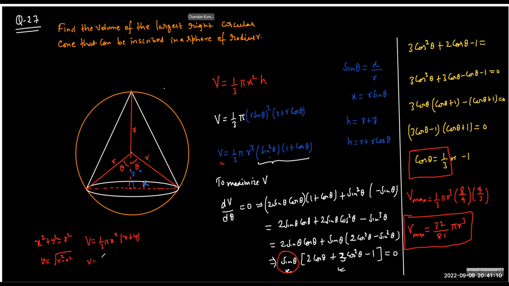Because we know the y, it's a single variable function of x, and if you want to maximize it, you know how to differentiate. Although it will be cumbersome, and not easy, you can solve like that.